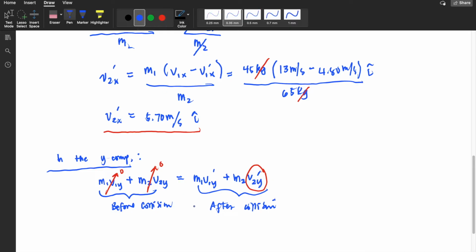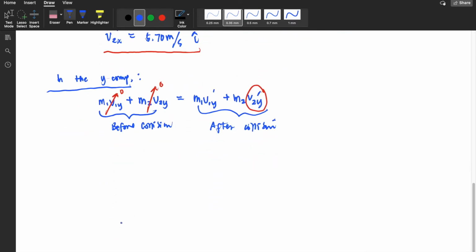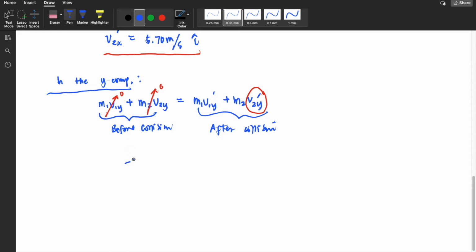So all we have to do is subtract m1 v1y' from both sides of the equation. So you'll have negative m1 v1y' is equal to m2 v2y'.